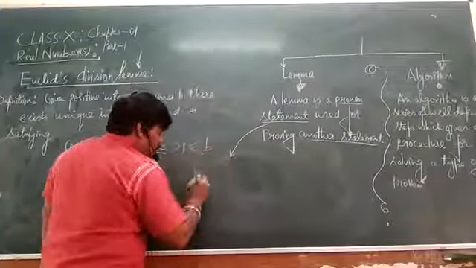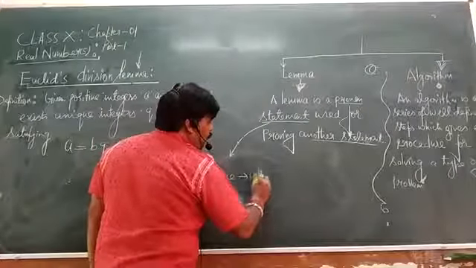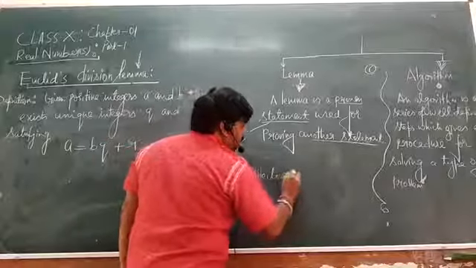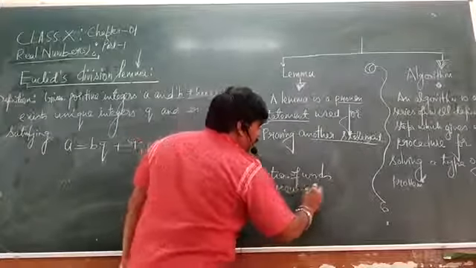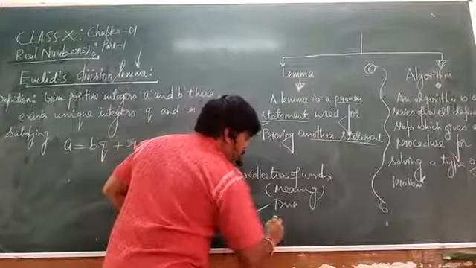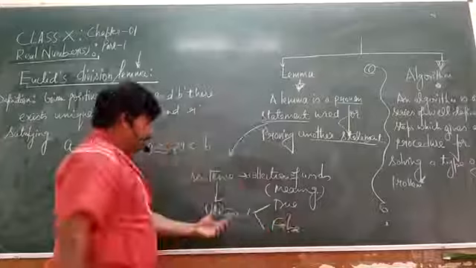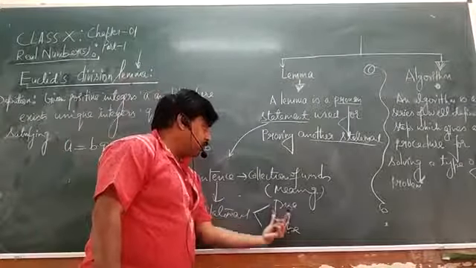You already know what a sentence is. A sentence is a collection of words which have a meaning. But any sentence is changed into a statement if it is either true or false. Any sentence will change into a statement if it is either true or false.